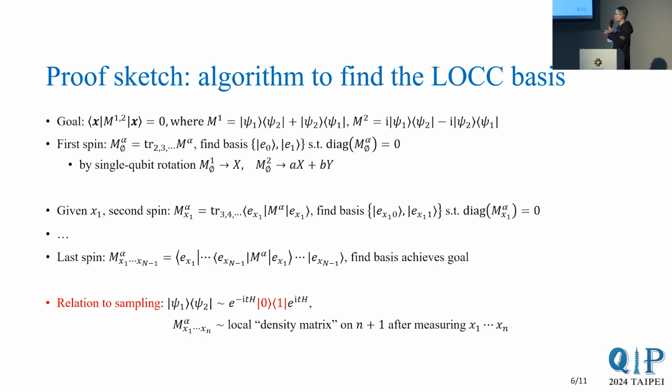You start from the all-0 state, time evolved by some local Hamiltonian, and you first measure the first n qubits with some measurement outcome, after which you ask what's the local density matrix on the next one. If you can do this, then you can sample the measurement outcome because you can output the bits one by one. And here, although for metrology we do not have a strictly speaking quantum state, the mathematical structure is the same. So from now on, I will change gears to the sampling problem and claim that we use the results there to prove the previous metrology theorem.